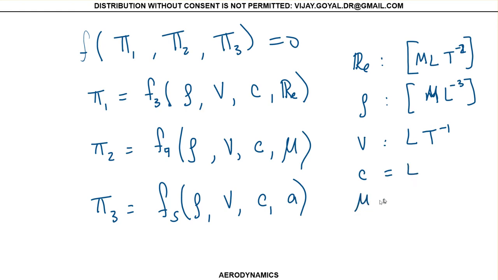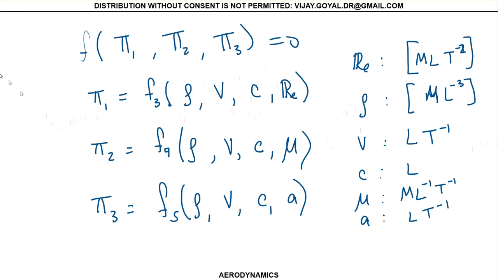The viscosity dimension is m, l minus 1, t minus 1. And the speed of sound is l, t minus 1. So we know all this, and we know the dimensions of each one of these quantities. We're going to use this to find a relationship.